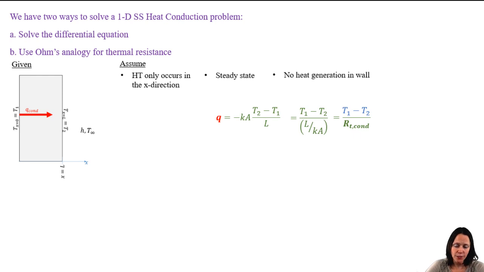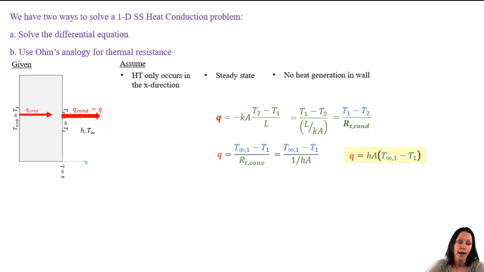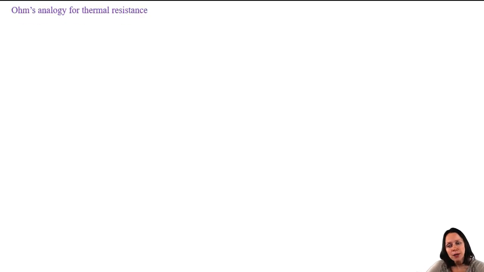Now, since the heat transfer by conduction is the same all the way through, we know the heat transfer rate at x equals L. So if we do a surface energy balance at x equals L, the Q going in has to be equal to the Q going out. So if we use Ohm's analogy for convection, we need to define a thermal resistance for convection as well. If I use Newton's law of cooling, I could do just that.